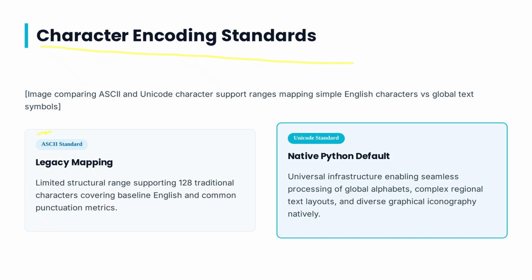The ASCII, we all know about the ASCII. It is the numbering or the value given to each and every English alphabet. So it talks about that only. And here is the Unicode standard, the native Python default. This is the native Python default we used earlier. Universal infrastructure enabling seamless processing of global alphabets, complex regional text layouts, and diverse graphical iconography natively.